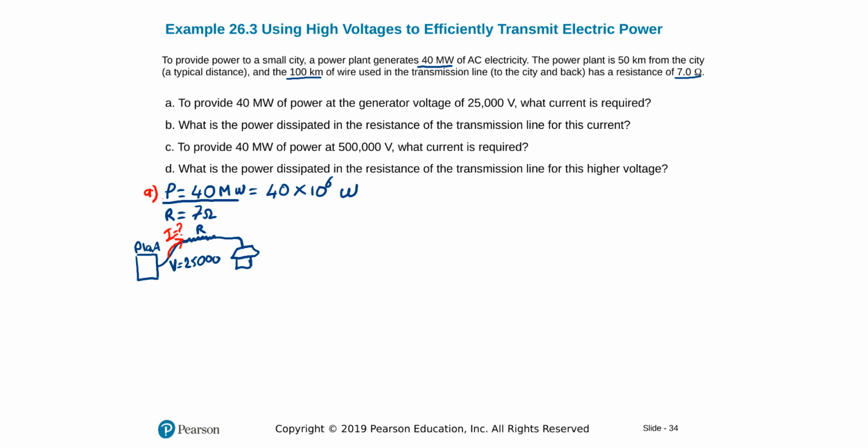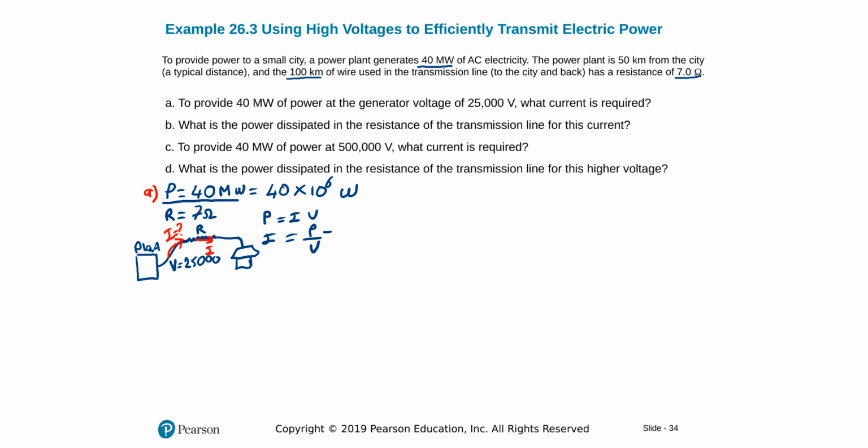This is simple Ohm's law, or we can use power to calculate the current, because we know power is equal to current times potential, and current is equal to power over the potential. So this is how much current is provided from the plant, right? And it will be passing through this line here, passing through this resistor.